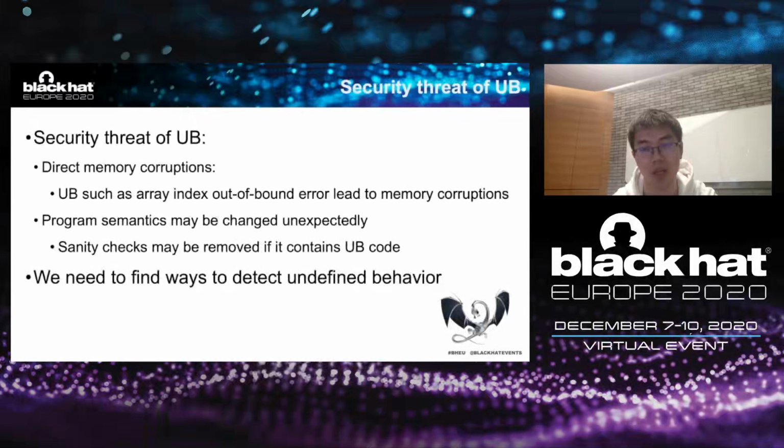Sometimes a crash means a security vulnerability occurs. For example, undefined behavior such as an array index out-of-bound error will lead to memory corruption directly. Another concerning security threat is more hidden. Sanity checks may be removed if they contain undefined behavior code. So we need to find ways to detect undefined behavior.